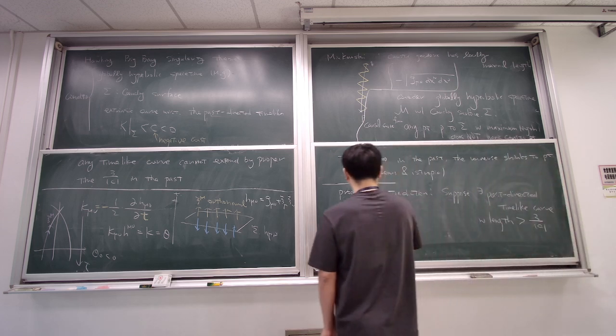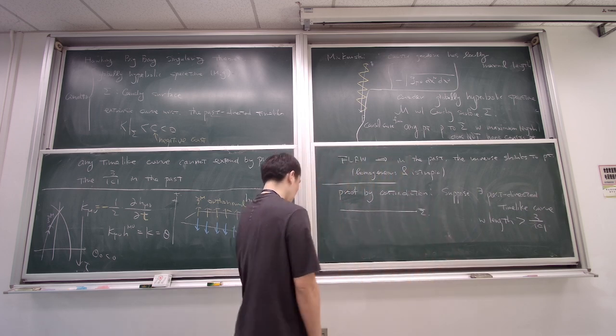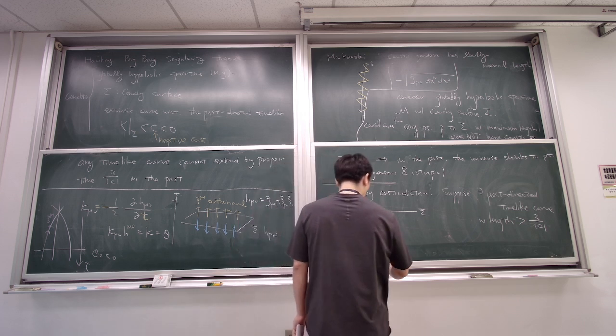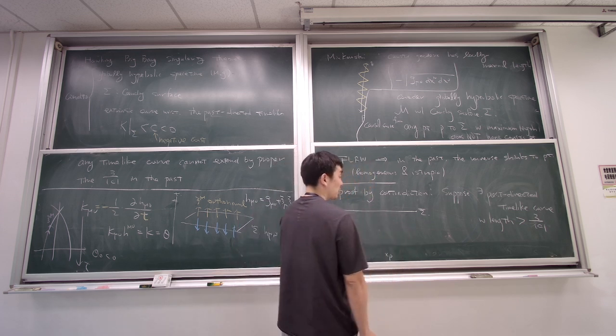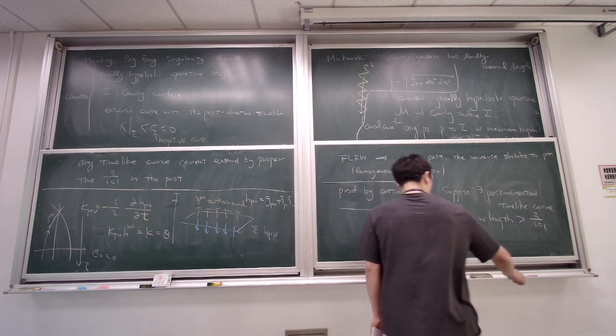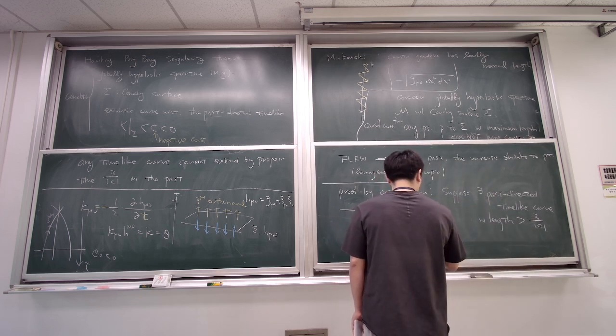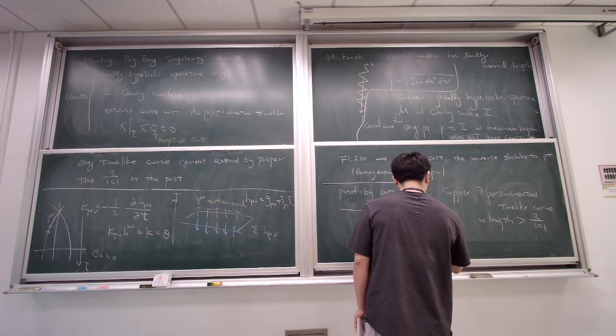So there's this Cauchy surface sigma, and there exists a point P such that the time-like curve, the proper time, is greater than 3/c.